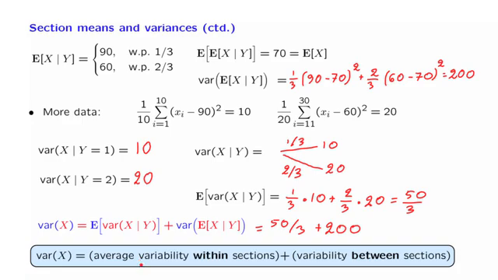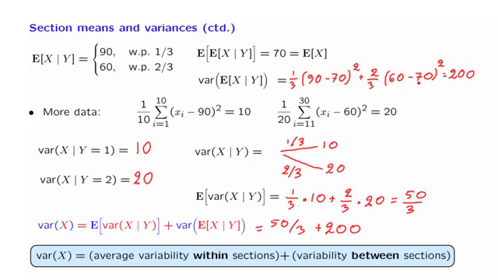So we look at the variability of the scores within a typical section, and then we average over all the sections. The other term looks at the means in the different sections and figures out how different these means are. How much do they vary from the overall class average? It measures the variability between different sections.